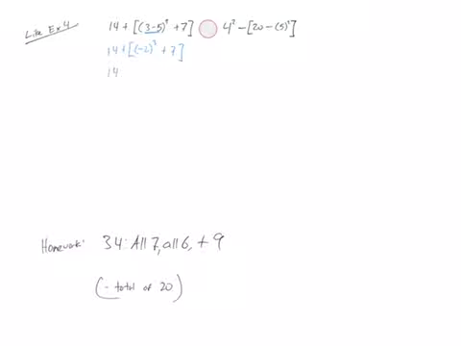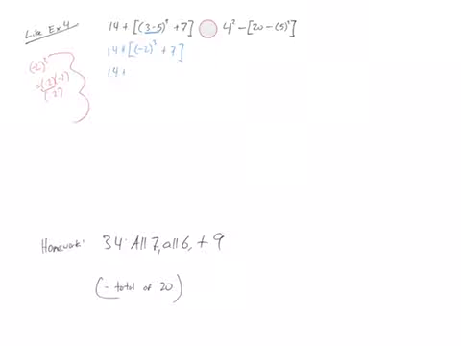Recalling my thought bubble, negative 2 cubed means negative 2 times negative 2 times negative 2.